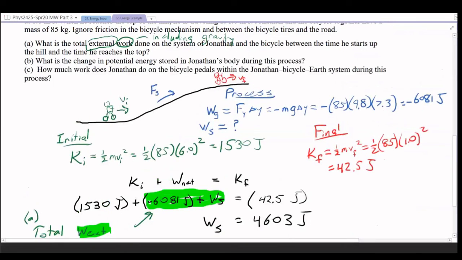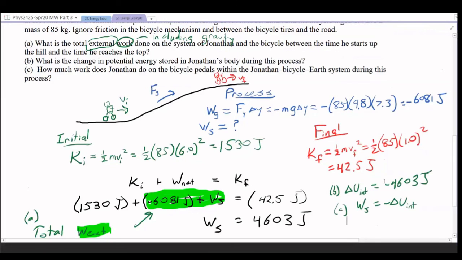So the delta U internal is equal to minus 4603 joules. And that delta U internal is W, which I call W sub S, is minus delta U internal.